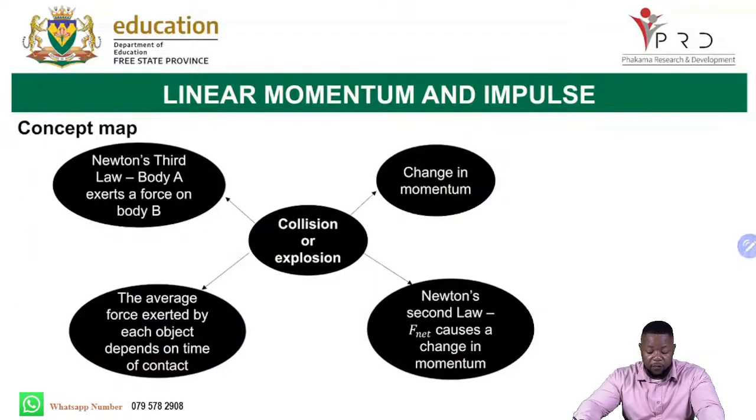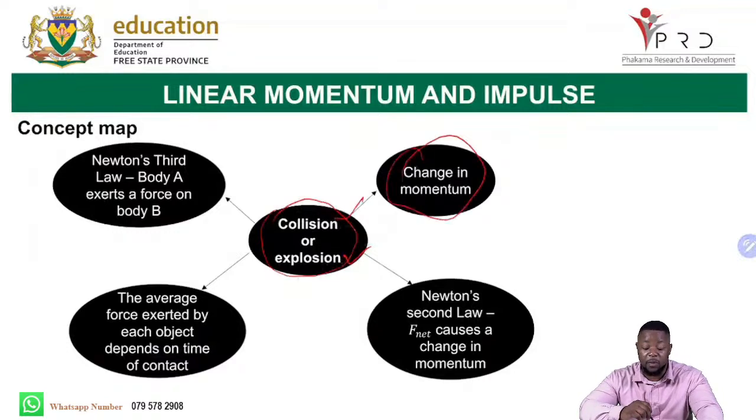Now, for linear momentum, we need to look at questions that involve collisions, and we also need to look at questions which involve explosions as you prepare. And while you are dealing with these collisions, you must be able to calculate the change in momentum. Direction is very important as you calculate your change in momentum.